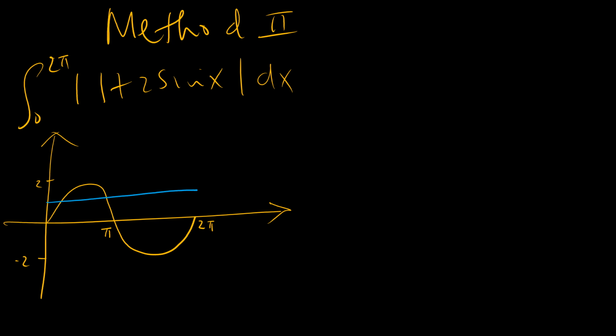So what happens is that 1 plus 2 sine x is this 2 sine x added to 1, and so it becomes something like that. So this is 1 plus 2 sine x, right? And let me also be mindful to write this as 2 sine x.